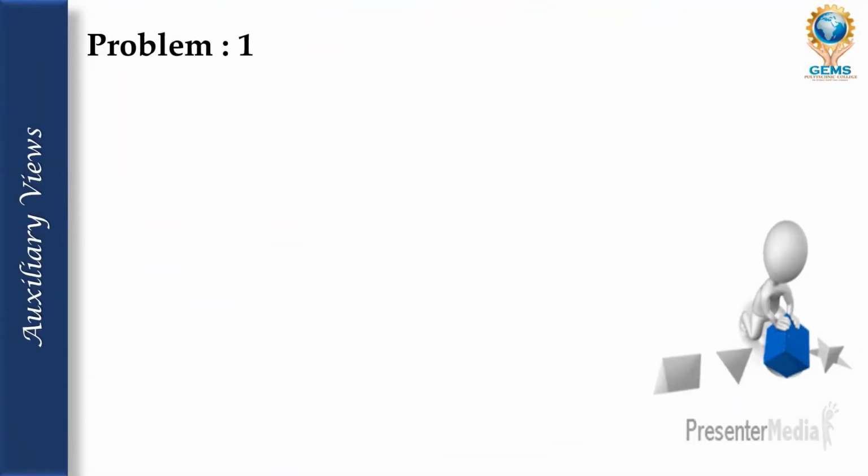So, the first problem. Before showing the problem, I want to tell one concept. Whenever you are going to solve any problem or draw any drawing, without knowing the concept you cannot start a single inch. If you start, it will not come out correctly. But if you know the concept clearly, you know where to start and where to finish.